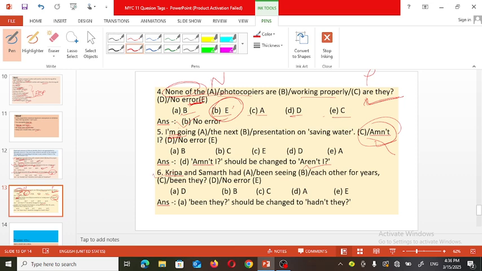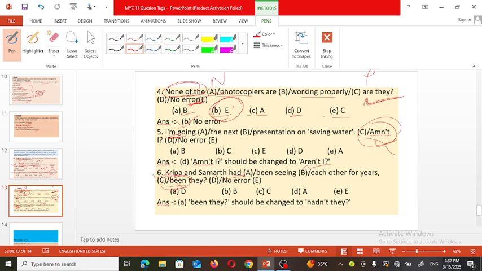And the last one: "Kripa and Samarth had been seeing each other for years." Here "been" is used, but is this "been" a to-be form or an auxiliary? No. Here the auxiliary is "had". As the sentence is positive, the question can be negative: "Hadn't they?"